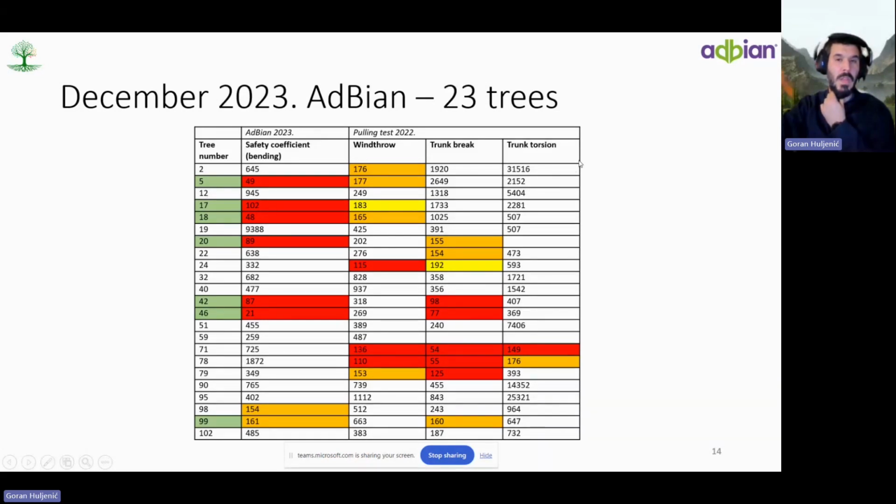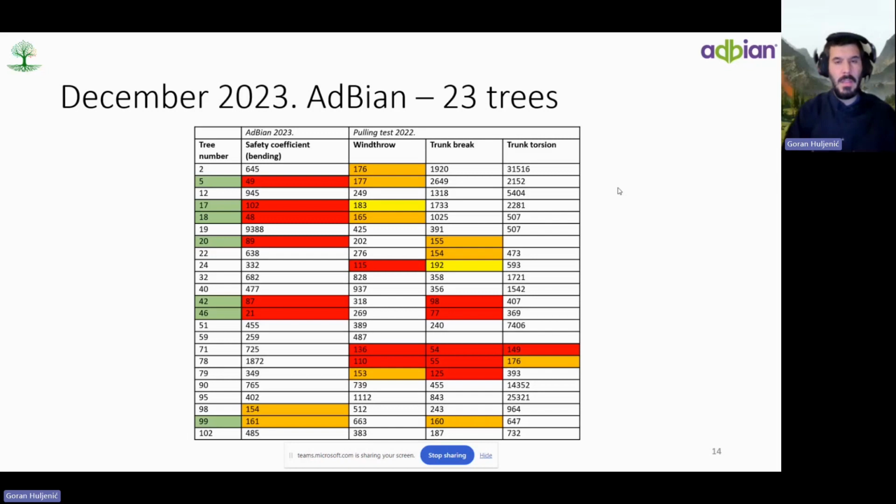And I was really happy and pleasantly surprised that there was a very nice correlation of the results, more than I thought there would be, because you have to take into account that some of these trees, when you do the first visual analysis and if you don't really know what was done to them, you would think these are perfectly healthy trees.